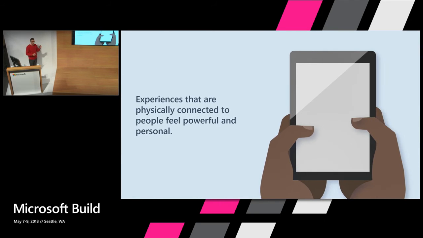Something else that we find is that experiences that are connected to us, we see this with mobile, and I love the idea of the e-reader, is that when we actually hold those experiences in our hands, we connect with them in more powerful and personal ways than when something is actually detached from us.